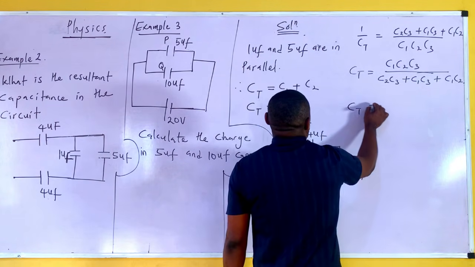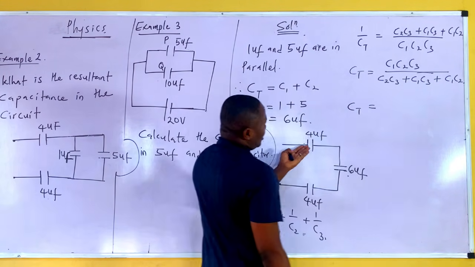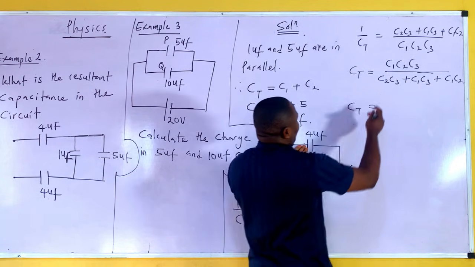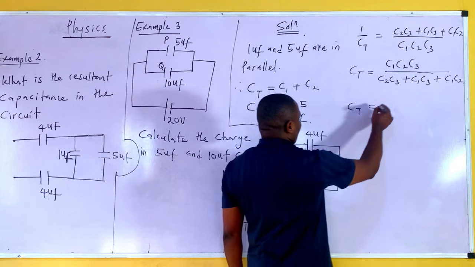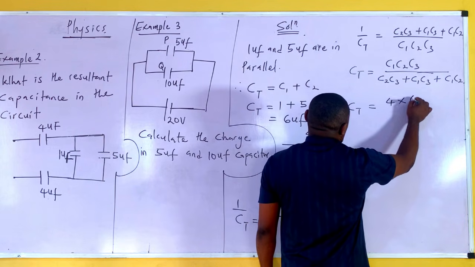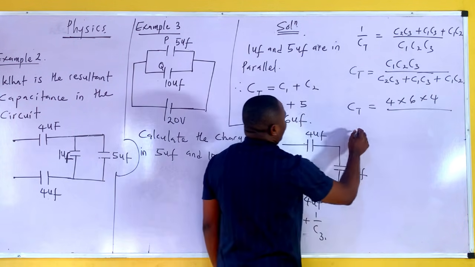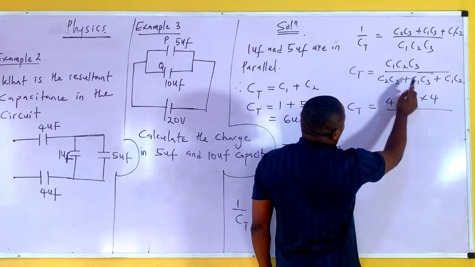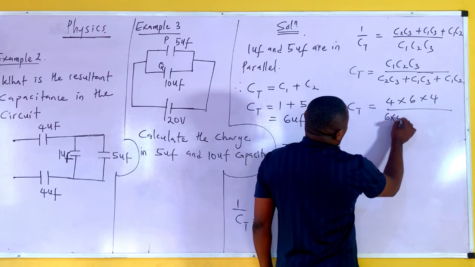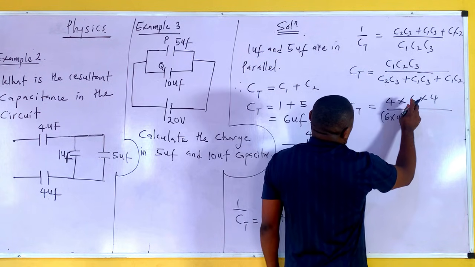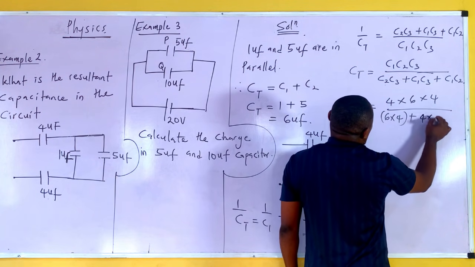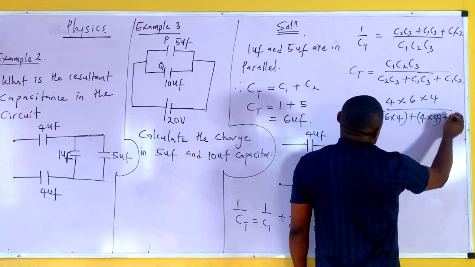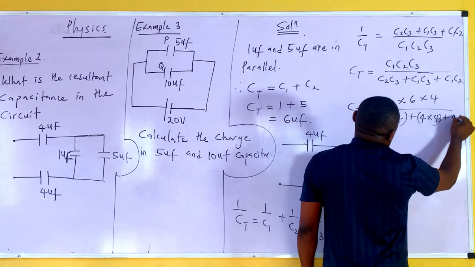So my C total will now be equal to, let this be my C1, my C2, my C3. So it becomes 4 times 6 times 4 over, this is my C2, so it's now 6 times 4 plus, it becomes 4 times 4 plus 4 times 6.